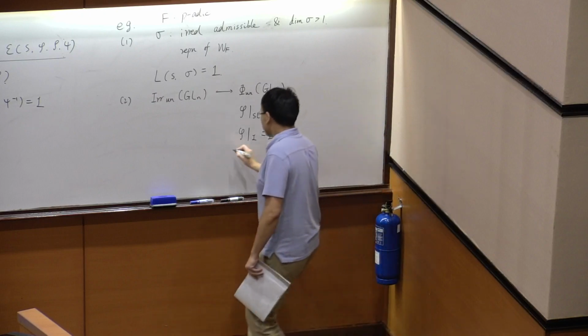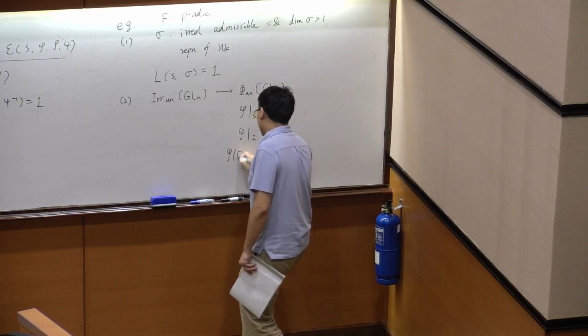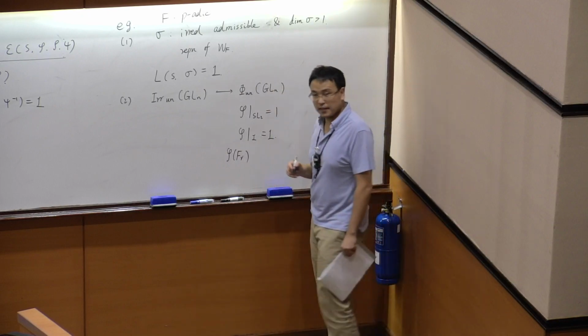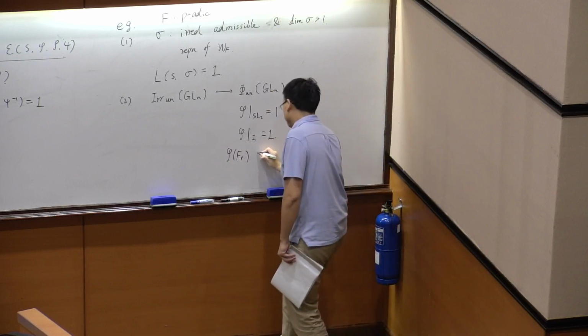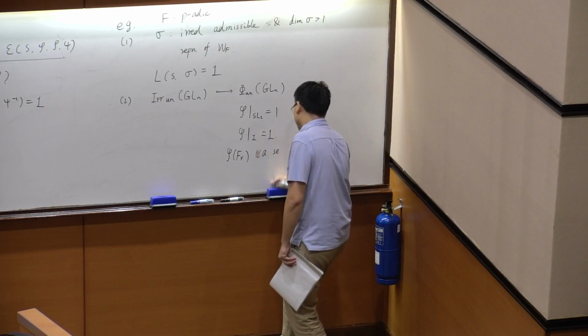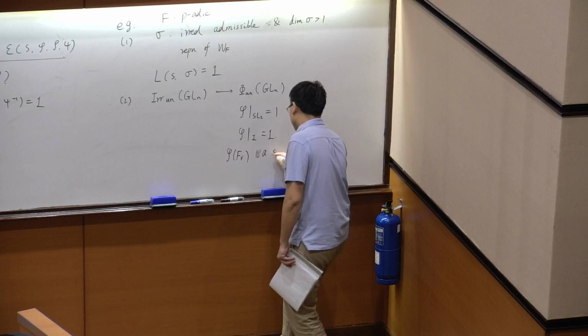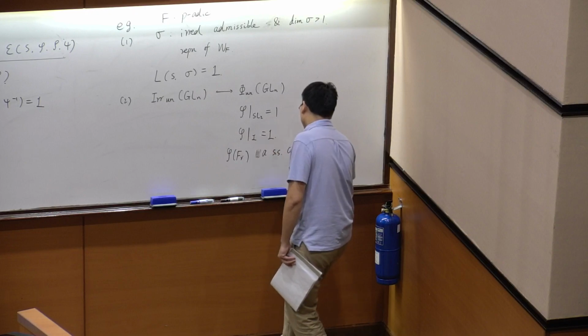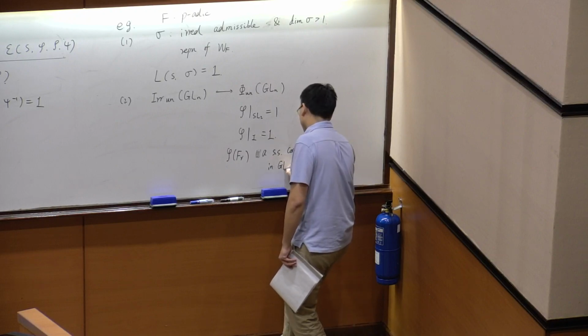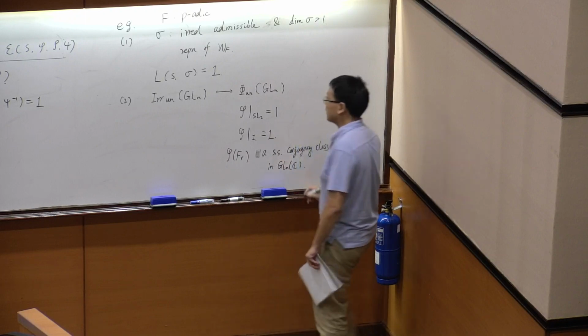In that case, this is going to give us a semisimple conjugacy class in GL_n(C).